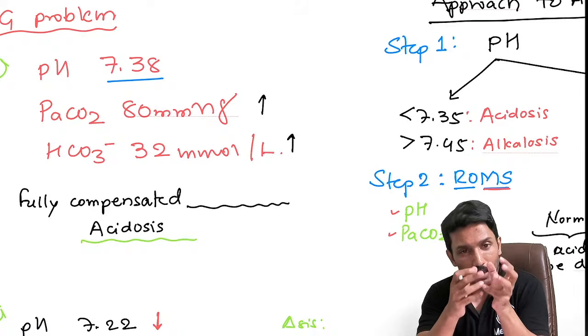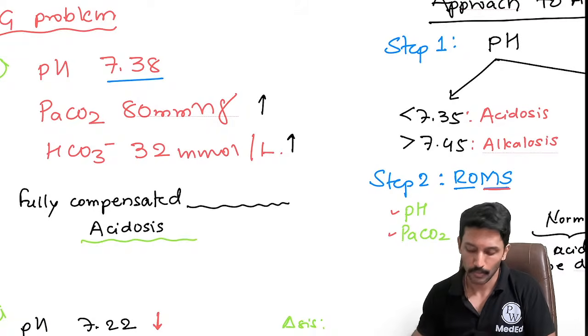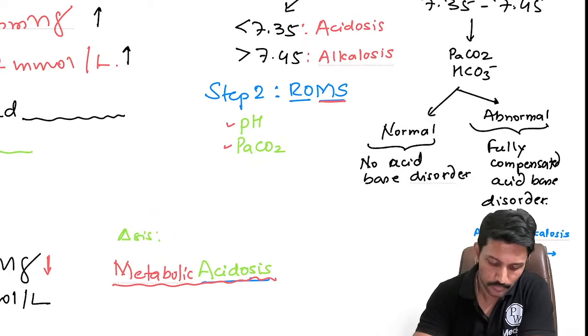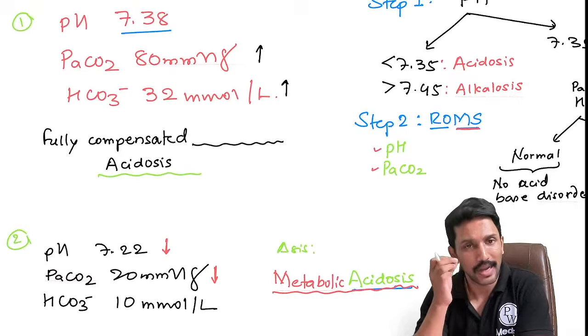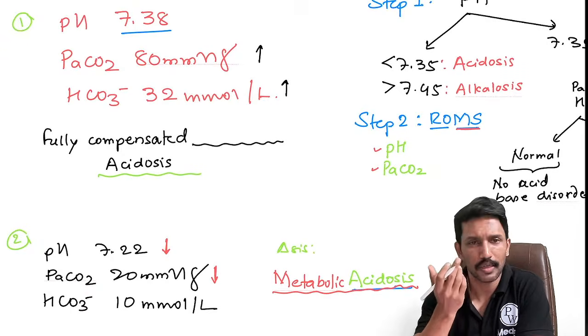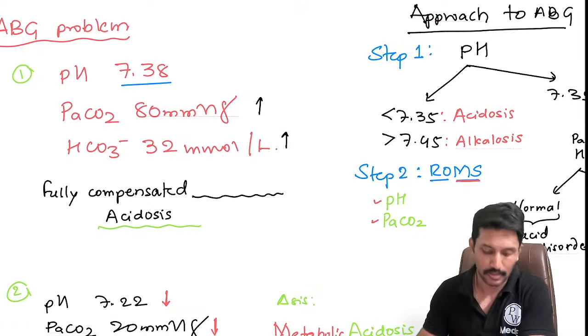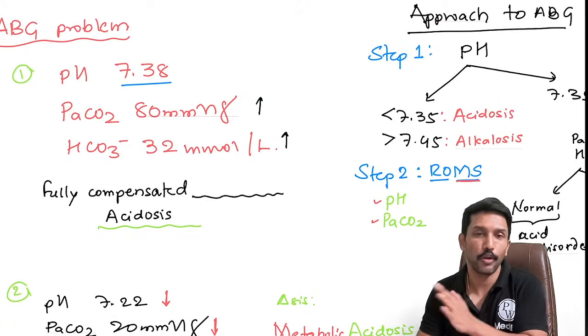Now I have to decide whether it is metabolic or respiratory. For that, we follow the same ROME again. We have to assign a direction to the PaCO2 and pH, and then based on that decide whether it is respiratory or metabolic. But remember here, the direction assigned to pH takes into account 7.4 as the cutoff.